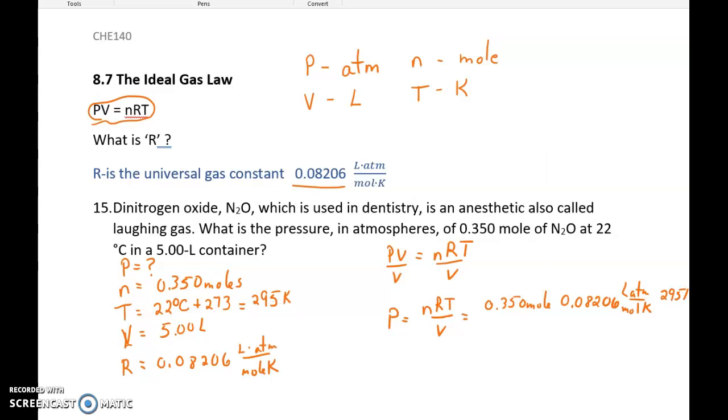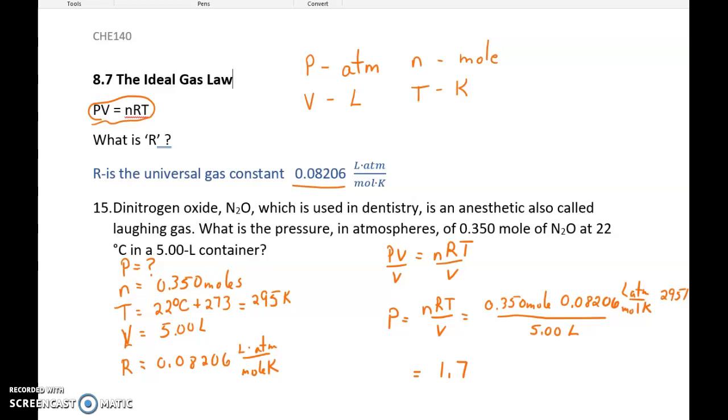Just barely got it in there. All right, and we're going to divide that by the volume, which is 5.00 liters. If we do our math, we take our 0.35, multiply it by 0.08206, multiply by 295, and divide by 5. We'll get 1.7.